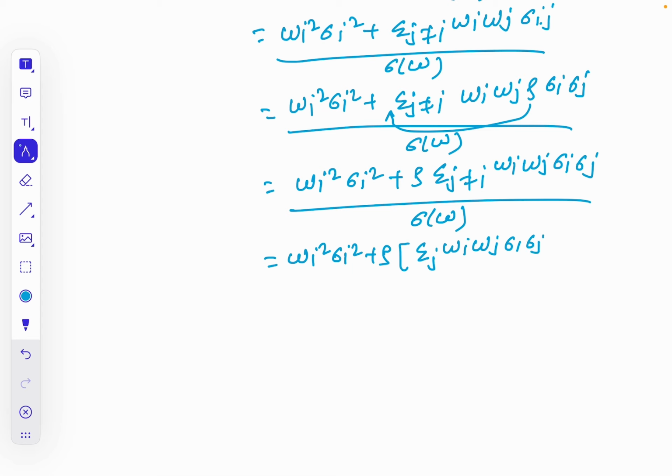So let us subtract the term that we have included, the term in which j is equal to i. Why do we have to subtract this term? Because we have included it here. Earlier it was for all j not equal to i, but it is for all j now, so we have included one extra term where j is equal to i. So we subtract this term so that it becomes equal.